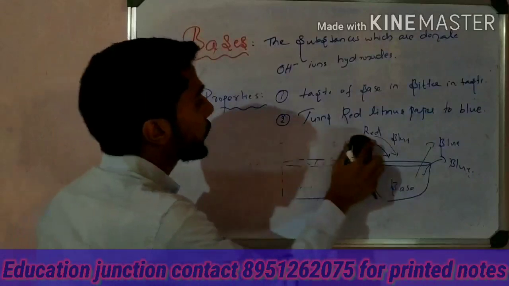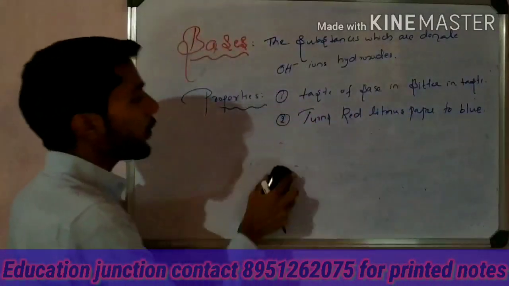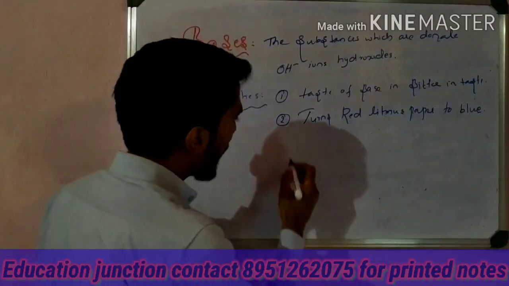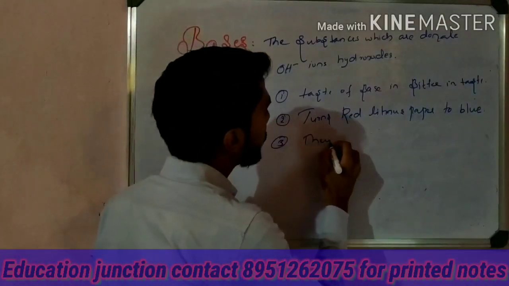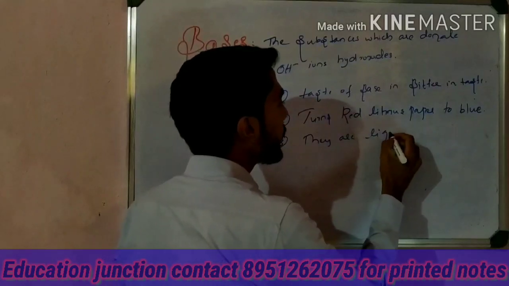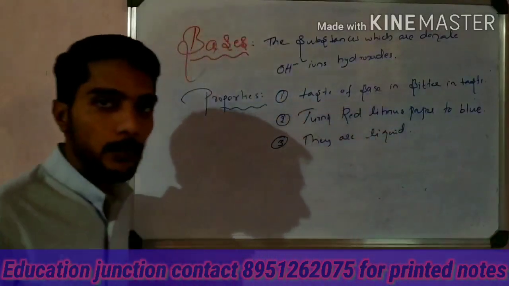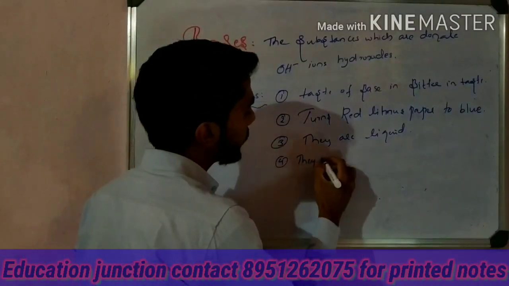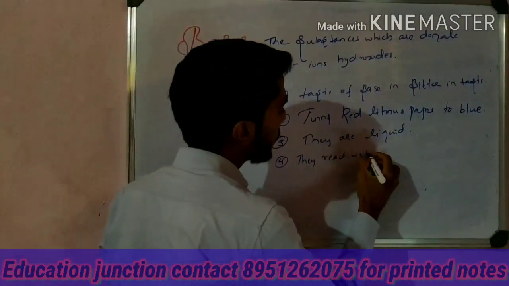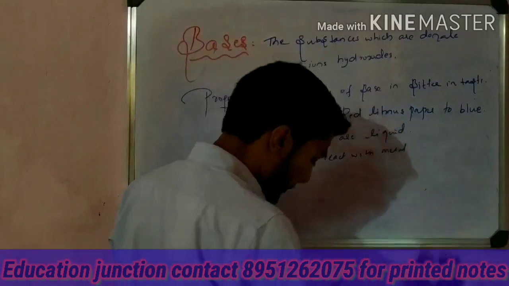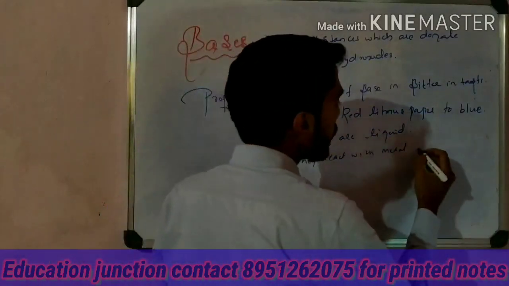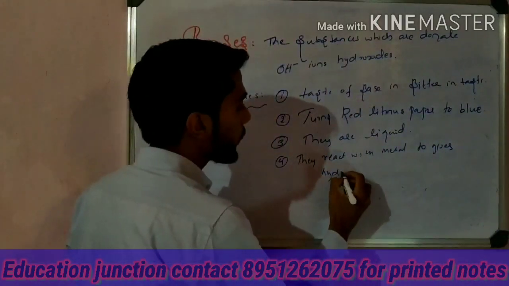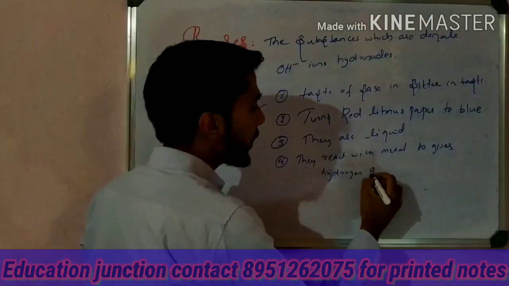So the second point of bases is that they turn red litmus paper blue. Third, they are liquid. Next, they react with metals to give hydrogen gas.